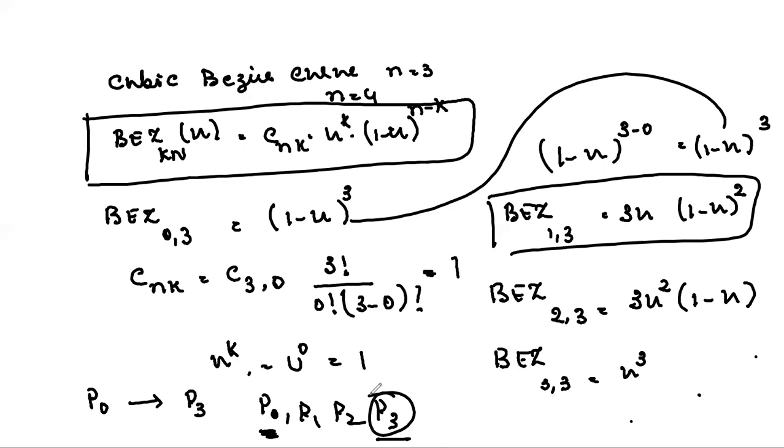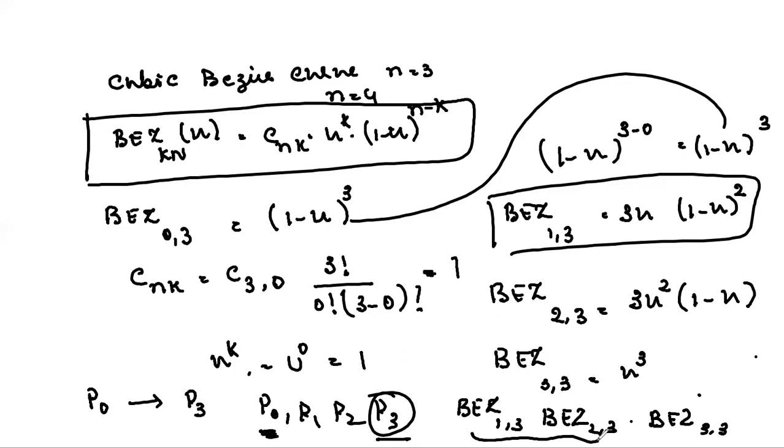The other Bezier functions here, Bez of 1, 3 and Bez of 2, 3, are the in between ones, which are the intermediate values which influence the shape of the curve, designing the curves for you.